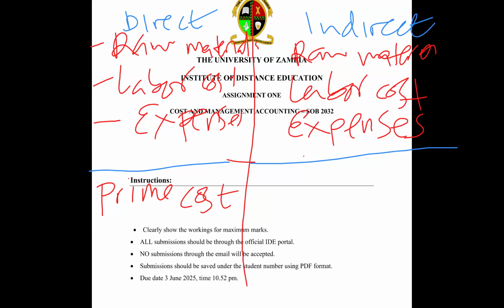Labor costs. The same way, labor costs can be categorized into direct and indirect, okay? The direct one is the cost that you incur as you pay those people that are doing the actual work that the company exists to do.